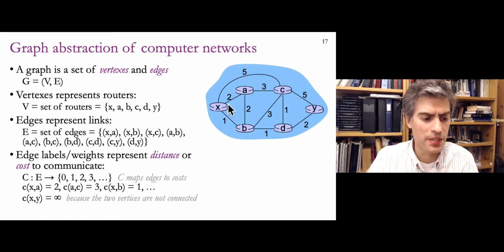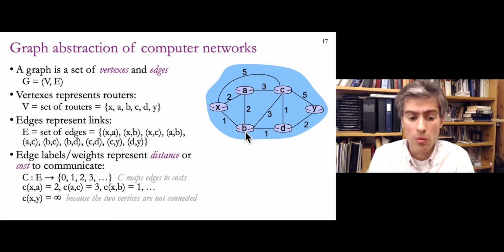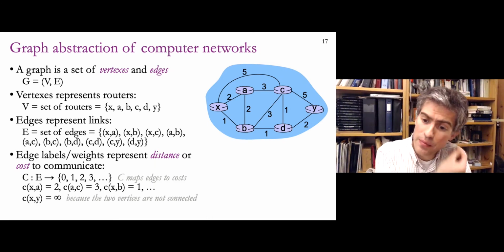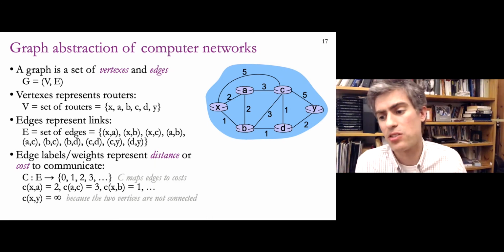The weights represent the distance between routers, which we'll think about as the cost to communicate, but for the purpose of this exercise, think of it as time.